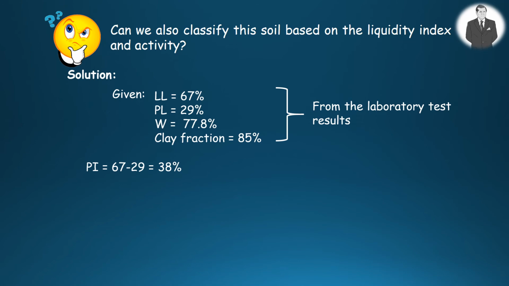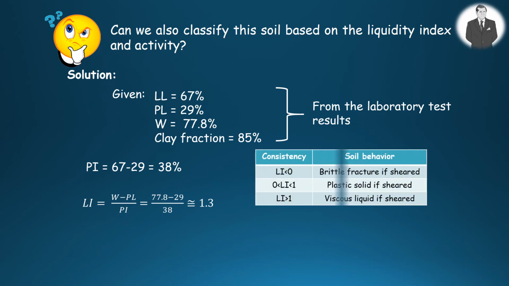Remembering the equation for liquidity index and putting all the known values in their places, we figure out the LI value as 1.3. Referring to the related table, we can classify the soil as a viscous liquid if sheared, since the LI value is greater than 1.